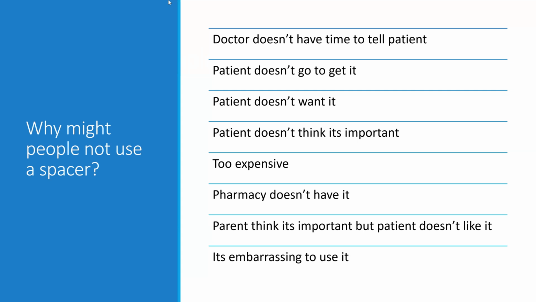The parent might think it's important because this is like a kid, but maybe the patient doesn't like it. So the parent might get it, and then the patient doesn't actually use it. And they might feel like it's embarrassing because it's more noticeable than just like a regular inhaler. So more people will see that this person has some kind of health problem, and they might feel embarrassed.